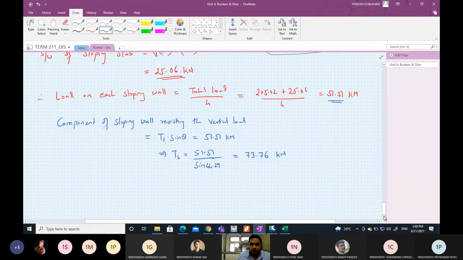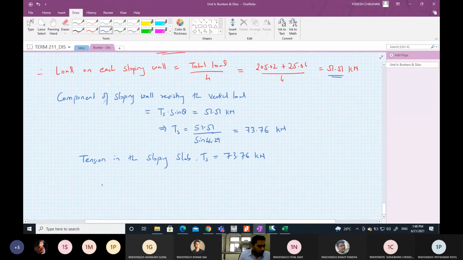Okay. So to resist this tension in the sloping slab, that is Ts equal to 73.76 kilonewton, let us design the reinforcement.